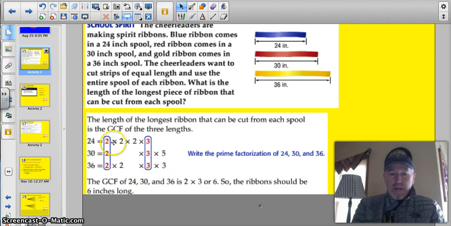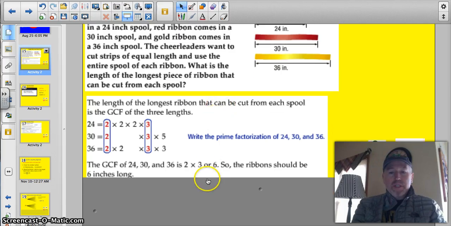If you look for the common factors, see how they broke that up to make it a little bit easier. They slid it over. Break it up, you got 2 and 3. So once again, the GCF for 24, 30, and 36 is 6. So if you cut the ribbons in 6-inch lengths, you will have used every bit of your ribbon, and you will not waste any, and all of them will be 6 inches long.